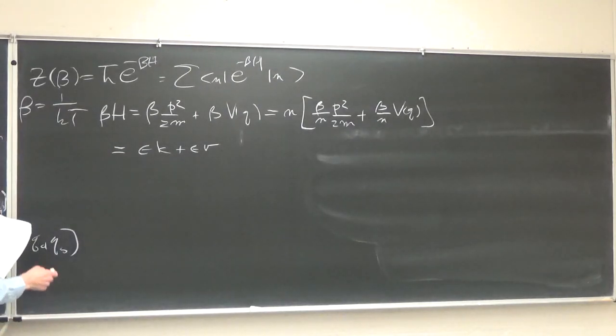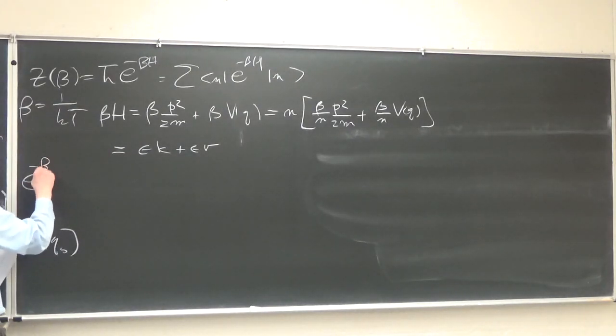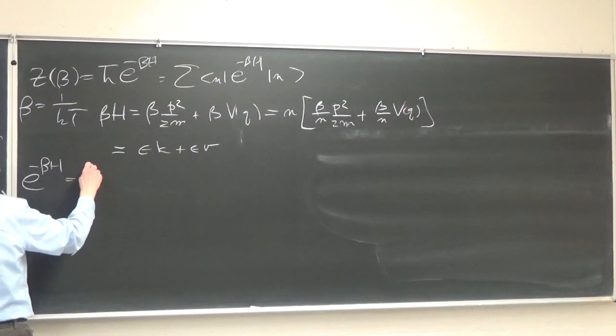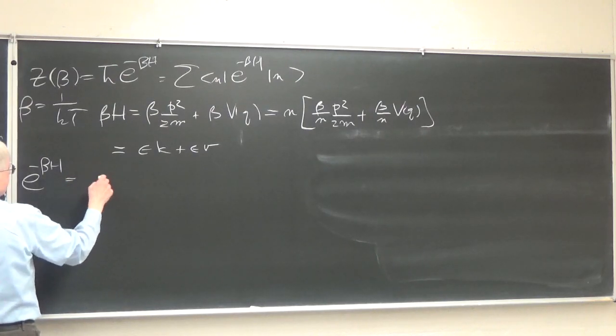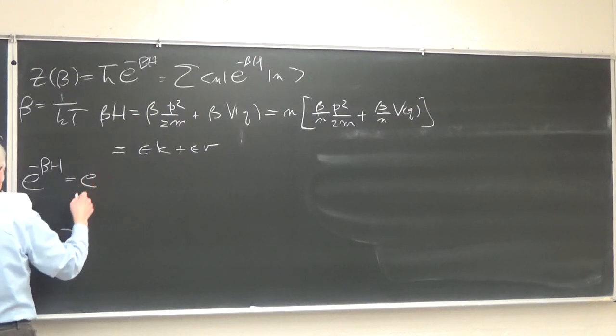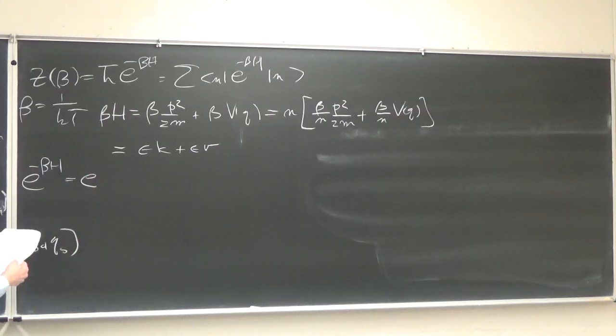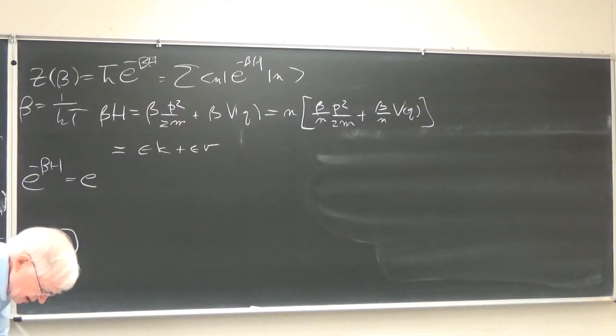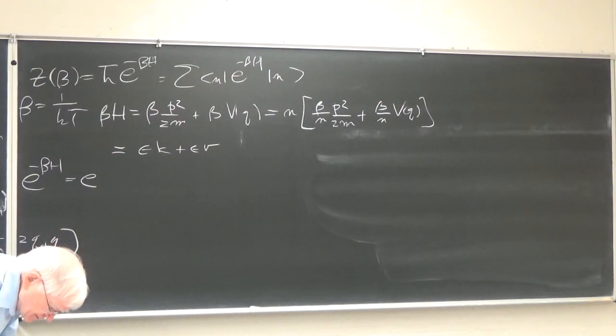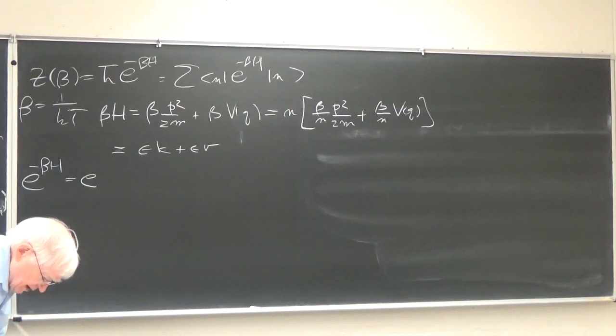And then the Trotter product formula in this case is e to the minus beta H, then is... oh goodness, I left out minus signs here. Okay, hold on.